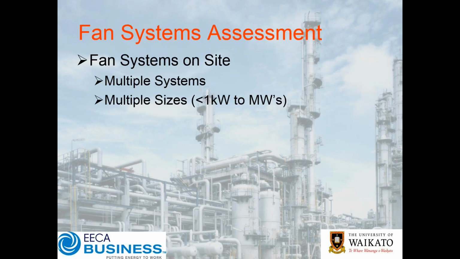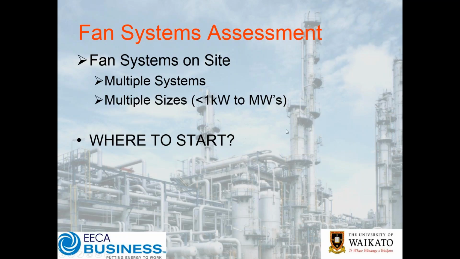So we might have some fans sucking and some pulling the air or pushing the air through our system. Now they might have multiple sizes, they might be relatively small and modest, just a simple HVAC extraction fan, right up to rather large fans in the megawatts.